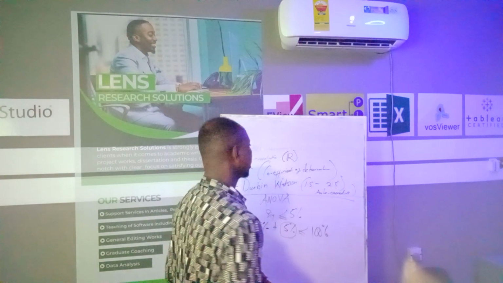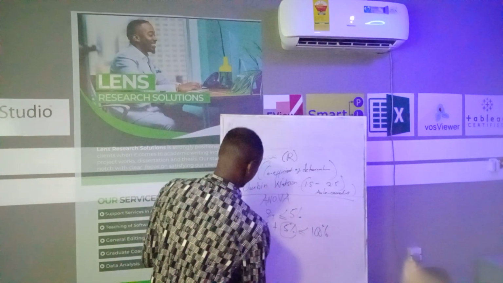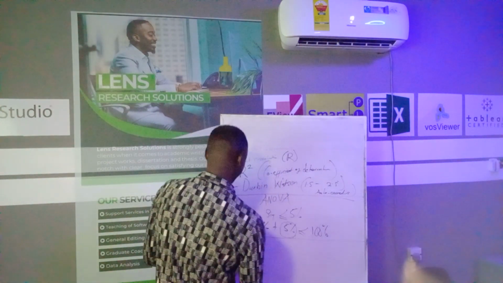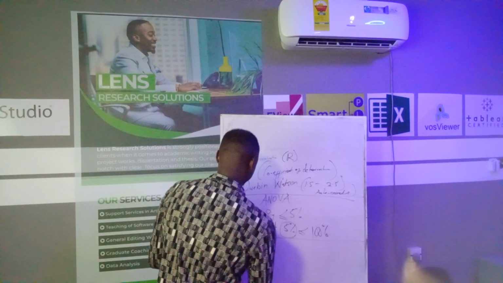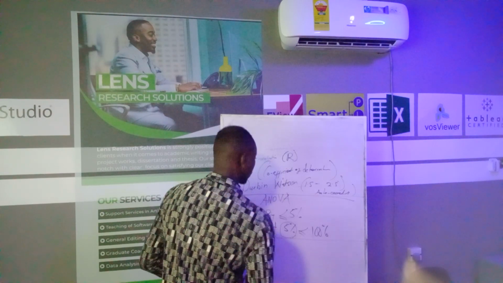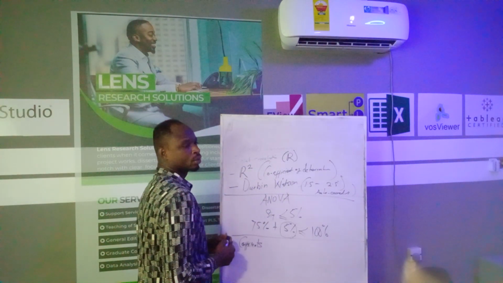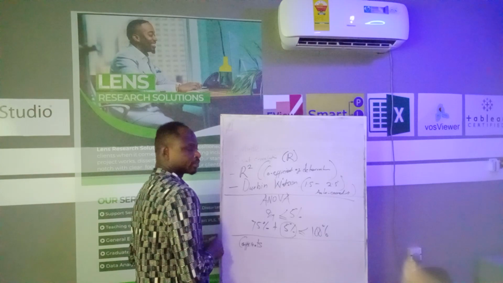The last table you have to look out for is what we call coefficients. After the ANOVA table, we go to another table called coefficients.